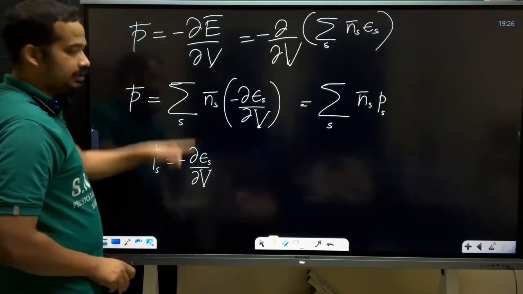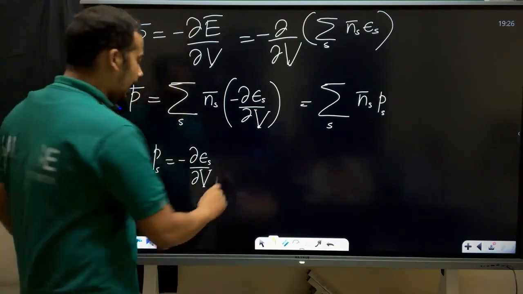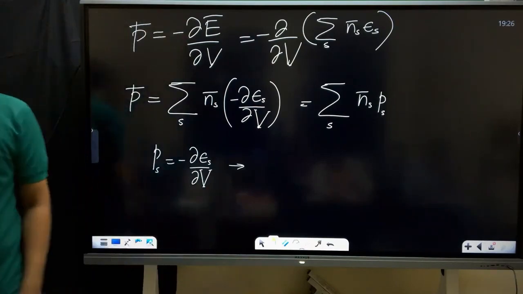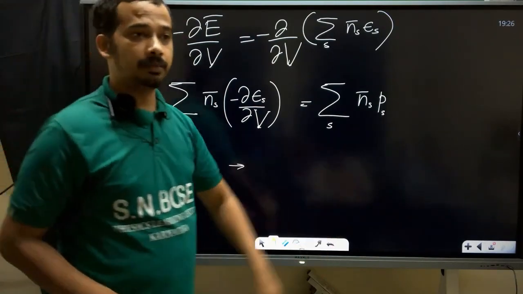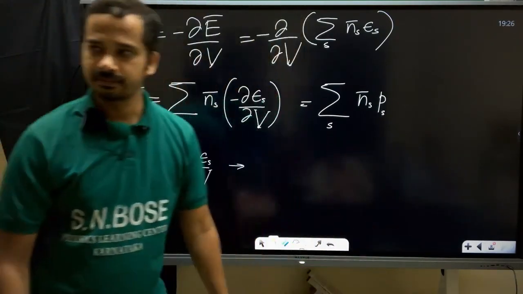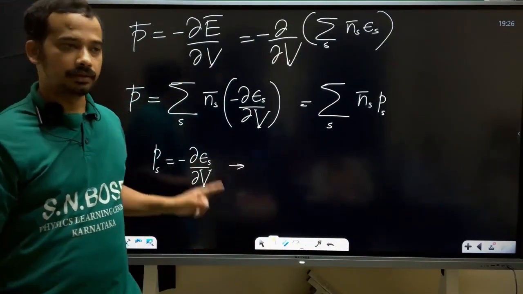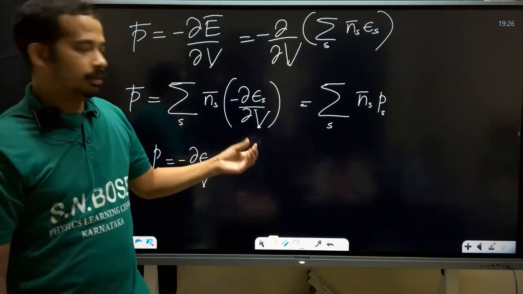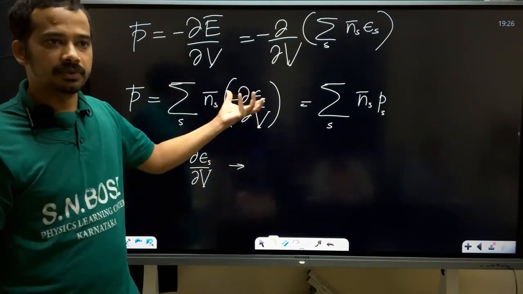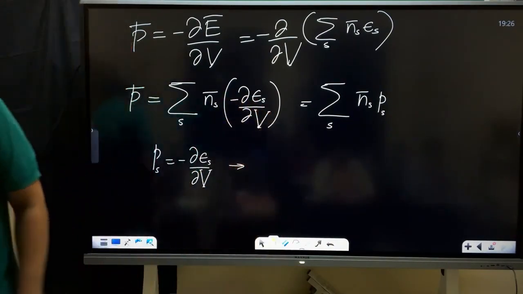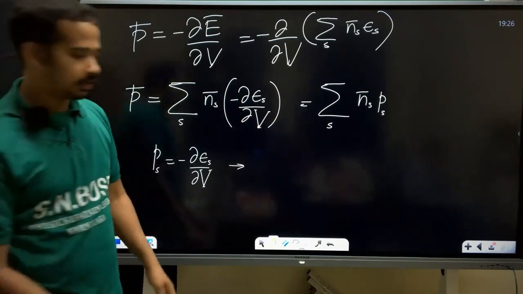I'll say this is the pressure contribution of a single particle in the state S. You don't measure pressure due to a single particle; you measure total pressure only. But I'm going to name this parameter the pressure contribution of a single particle.